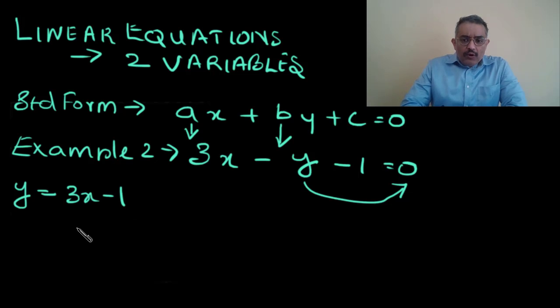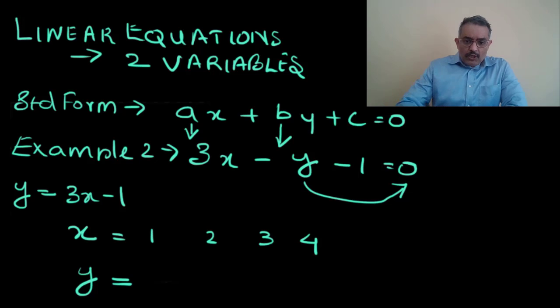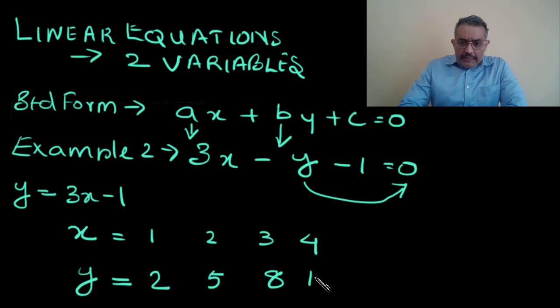So now we can plot a graph using the x values and the y values. So x is 1, 2, 3, 4 in the same way, and let's find out what the values of y are. So y would be 2, then 5, then 8, and for x value of 4, the y value should be 11.